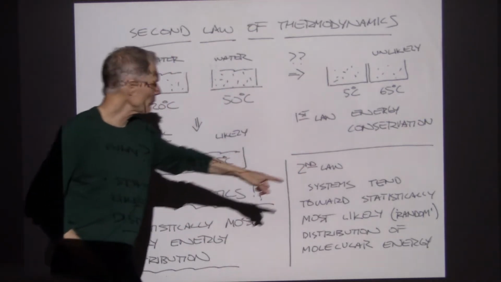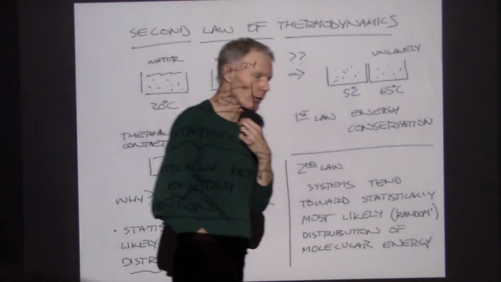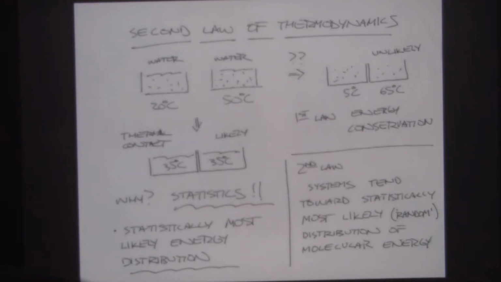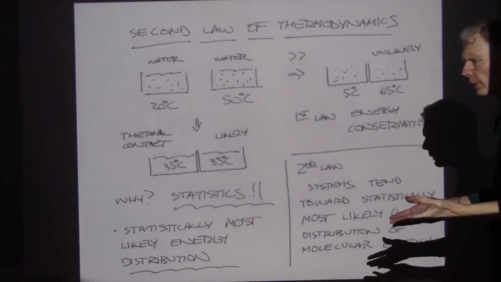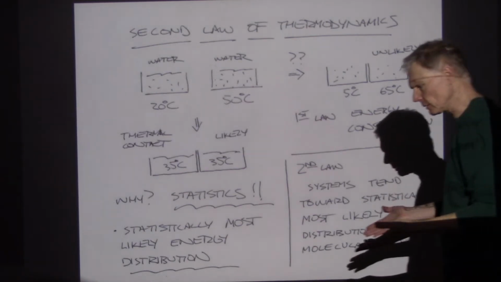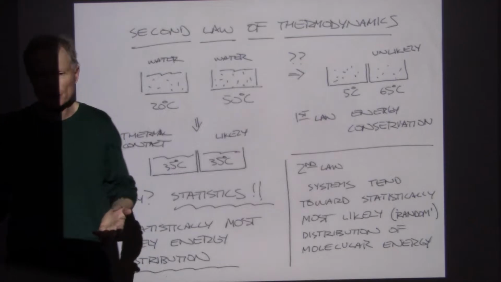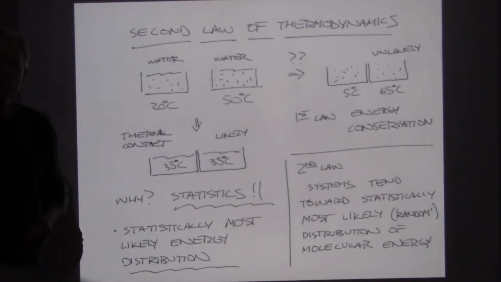Now, I've put in the word random, but random's not quite correct here. It's headed towards a statistically most likely outcome. So again, if you thought in terms of flipping a bunch of coins, statistically, what you would expect is if I flipped 100 coins, somewhere around 50 heads and 50 tails would occur.